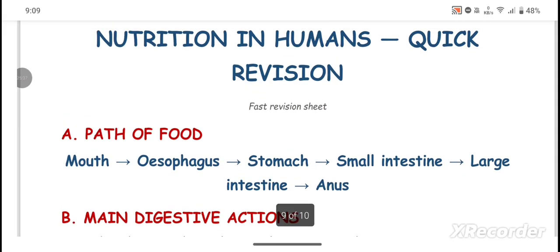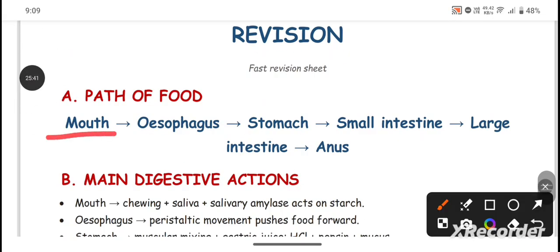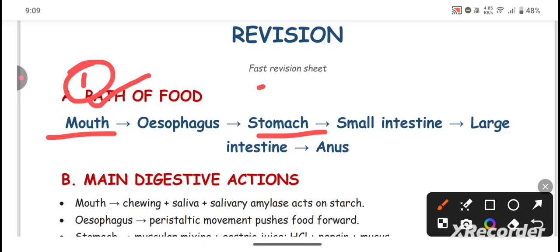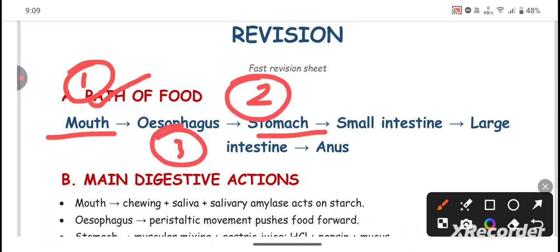So let's do a quick revision. This is the path of the food. Digestion starts in the mouth.